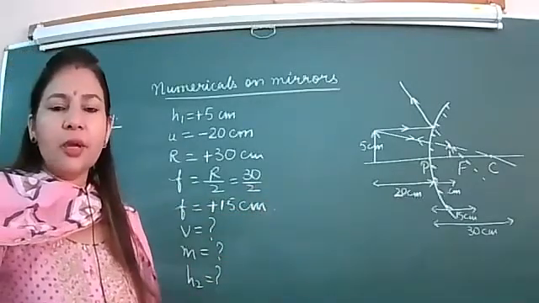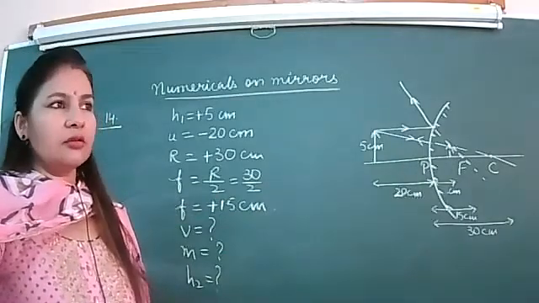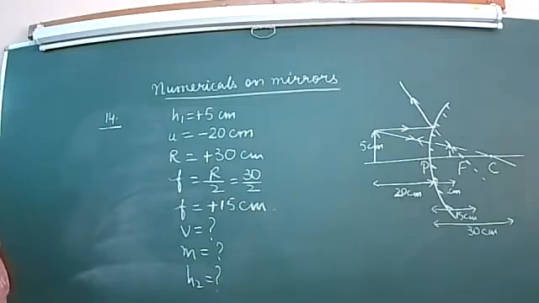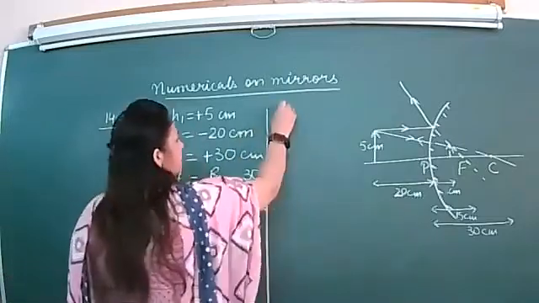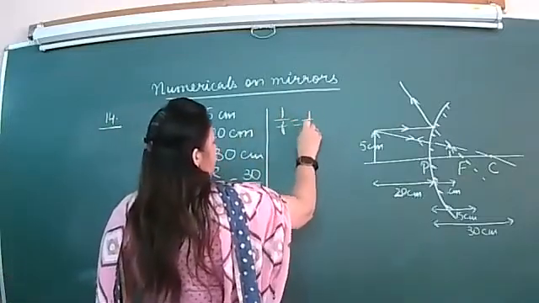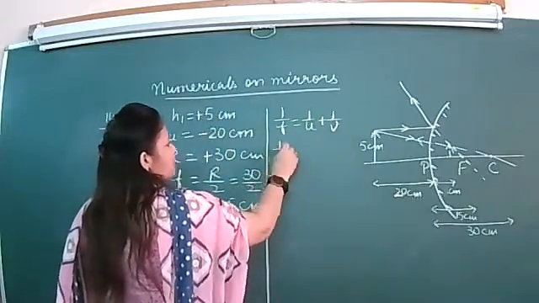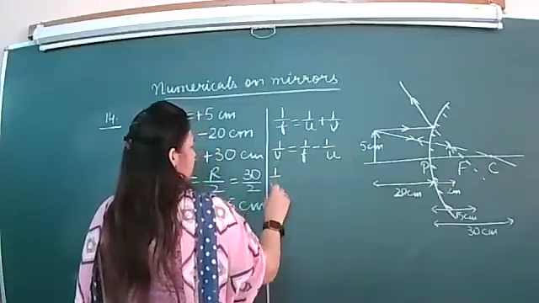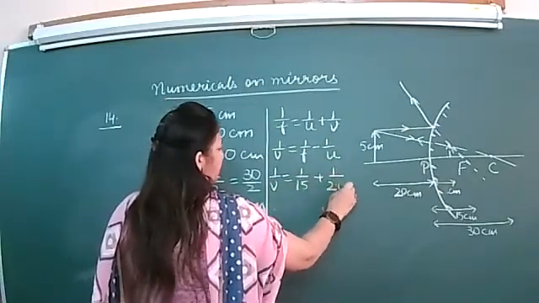Always in these types of numericals, develop a habit of drawing ray diagram. That is compulsory. All right. Then we will find V. So again, the first step is always by using mirror formula. 1 over F is 1 over U plus 1 over V. So put in the values. 1/15, minus minus becomes plus.